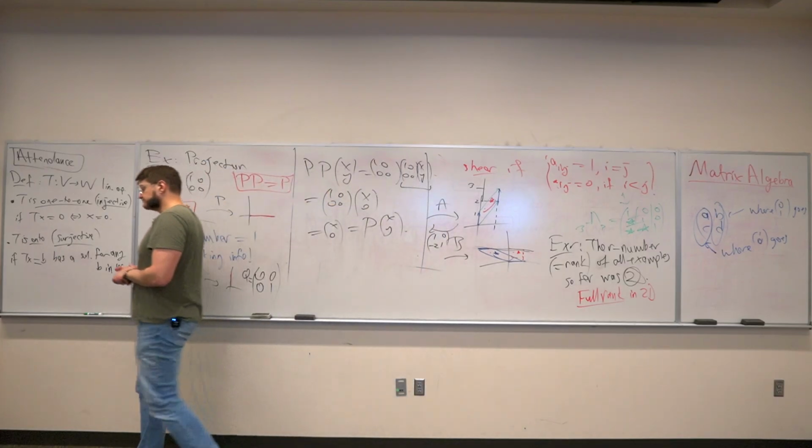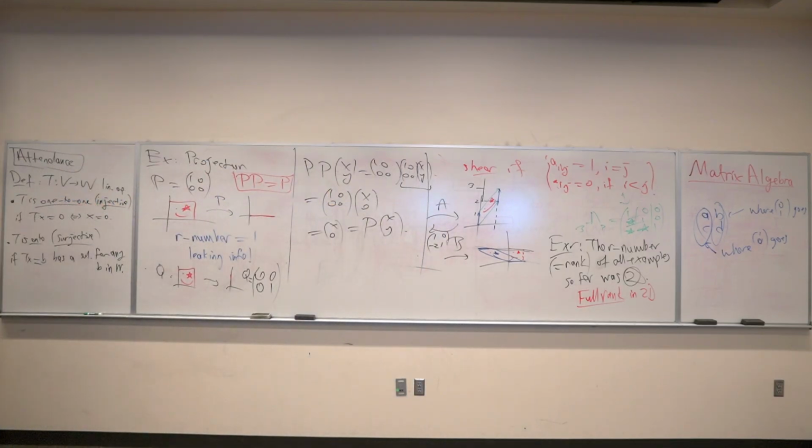Okay? Yeah. So then is the only projection with a rank of 2 the identity matrix? Exactly. Very good.